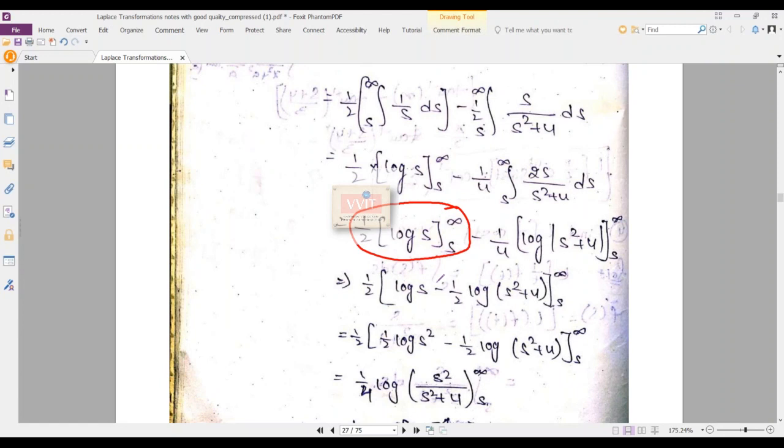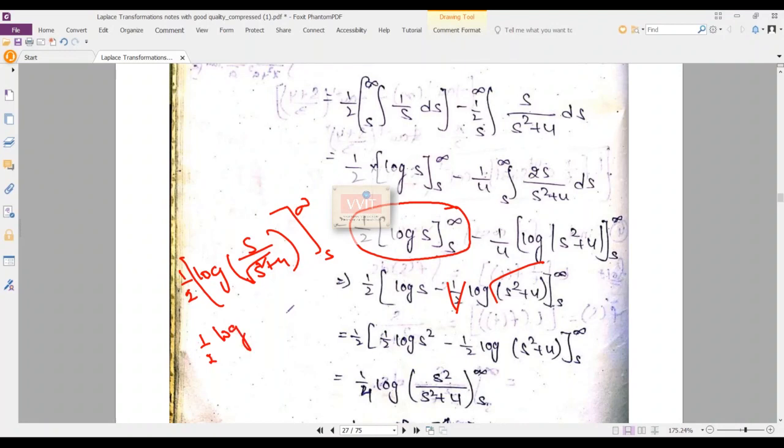Taking 1 by 2 common, log s minus log of square root of s square plus 4, written as 1 by 2 times log of s by square root of s square plus 4. What I need to do here, friends, as s goes to infinity, take s common from the numerator and denominator. I get 1 by 2 times log of 1 by under root of 1 plus 4 by s square.